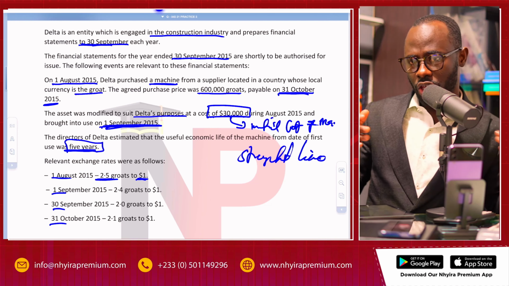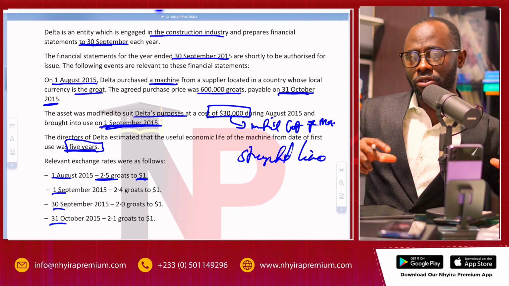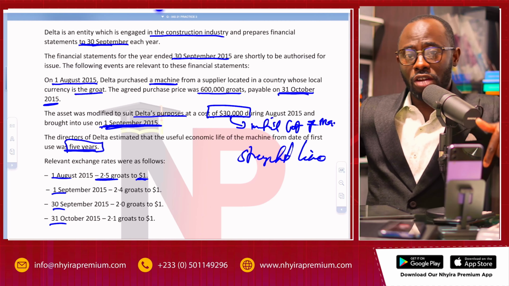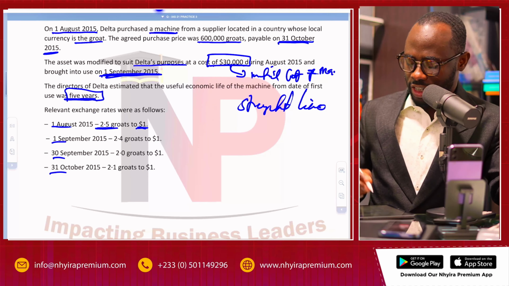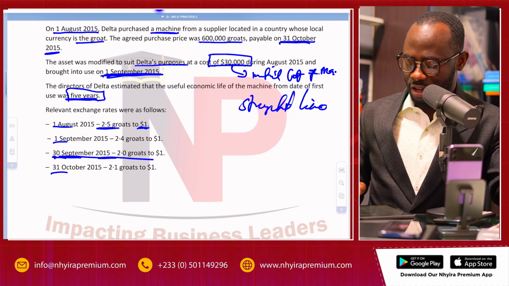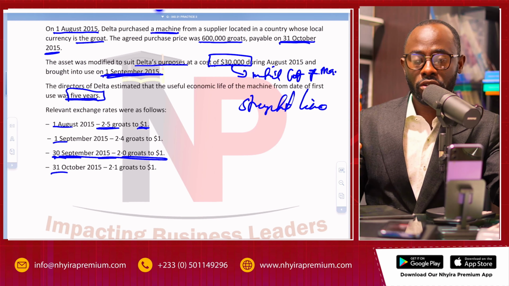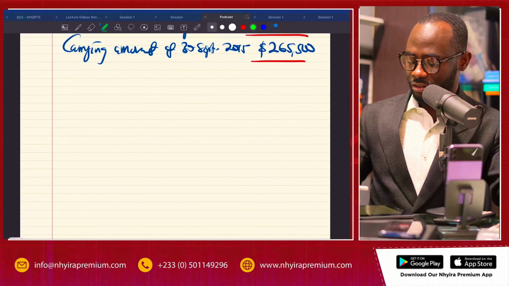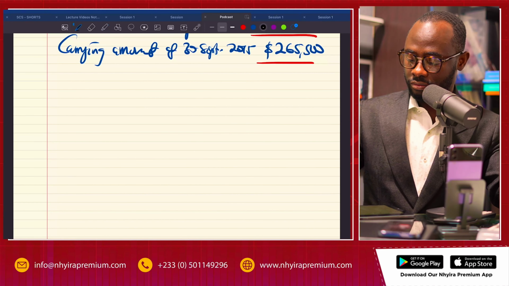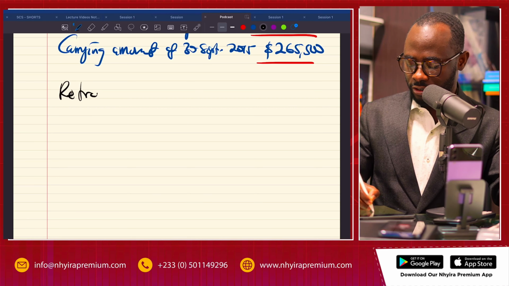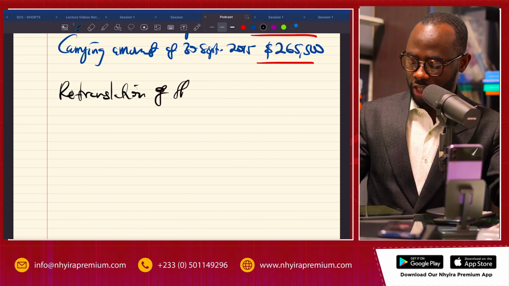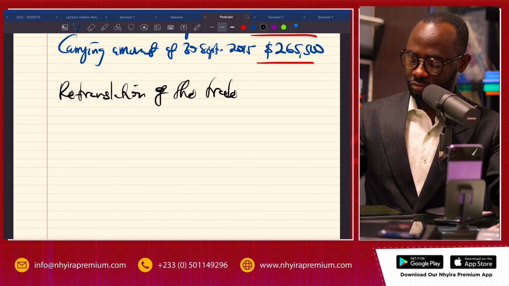So it means that the trade payable is a monetary item, so we have to retranslate it at the reporting date. So on 30th September, the exchange rate now is 2.0 groats to $1. So let's work that out. So, retranslation of the trade payables.